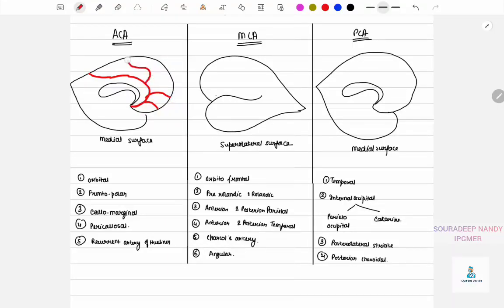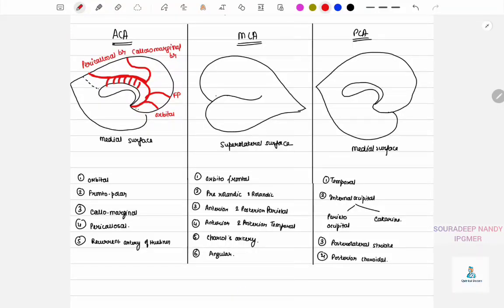It gives the calloso-marginal branch, and another branch which runs along the pericallosal sulcus. This pericallosal branch supplies the corpus callosum. So this is the area of supply for the anterior cerebral artery. So there is the orbital branch, then the frontopolar branch, then the calloso-marginal branch, and the pericallosal branch.